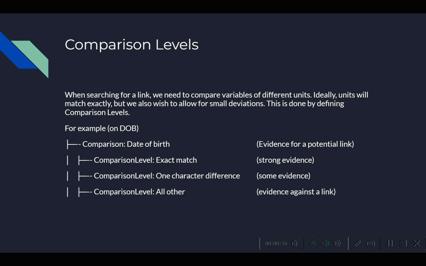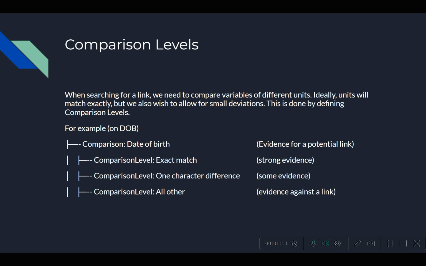We have what we would call an exact match. That would be an identical match for the date, the month, and the year. And we'd consider this strong evidence that the 2 units are the same. We might have that there's 1 character difference in the 2 different dates of birth.